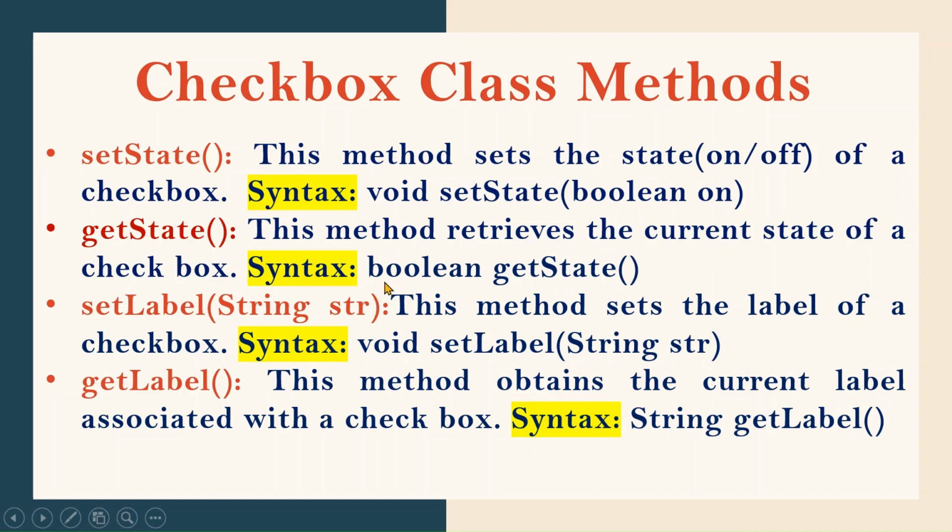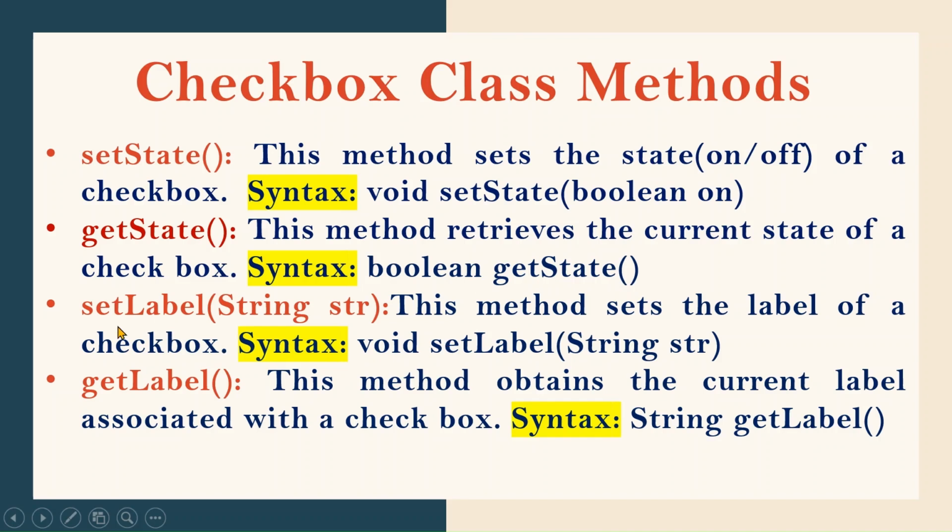Here it returns a boolean value, true or false, because at the time of set state you are setting the boolean value. At the time of retrieving, your answer will be only a boolean value. Suppose you have a checkbox with a tick mark, that means it is true. So you write the checkbox object dot get state, and it will return a boolean value. If the tick mark is applicable, you get a true value. If the tick mark is not applicable, you get a false value.